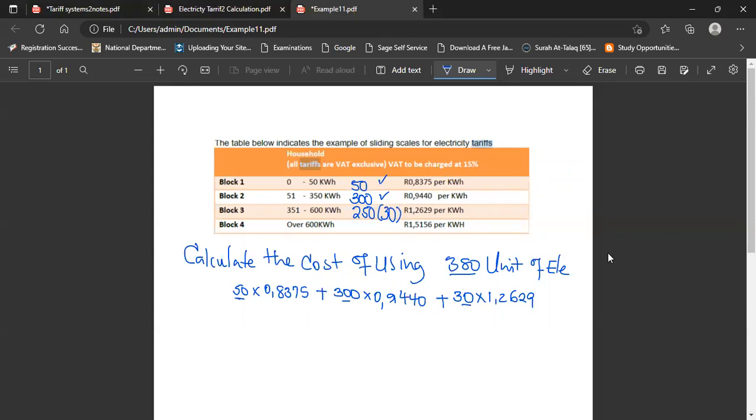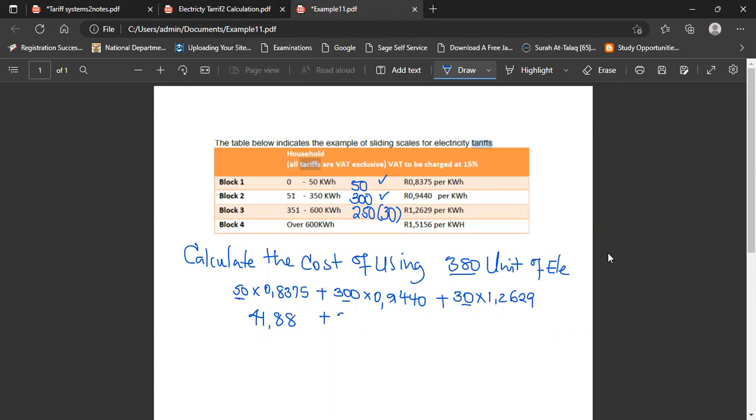By then, anyway, let's look. When you multiply 50 times 0,375, what do you get? Here the answer is 18,75 plus 300 times 0,944. What do you get?